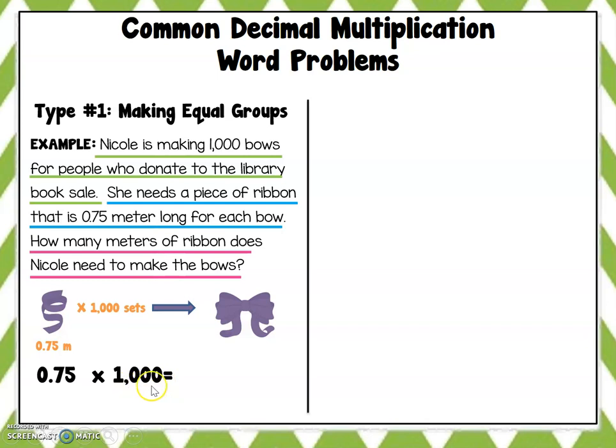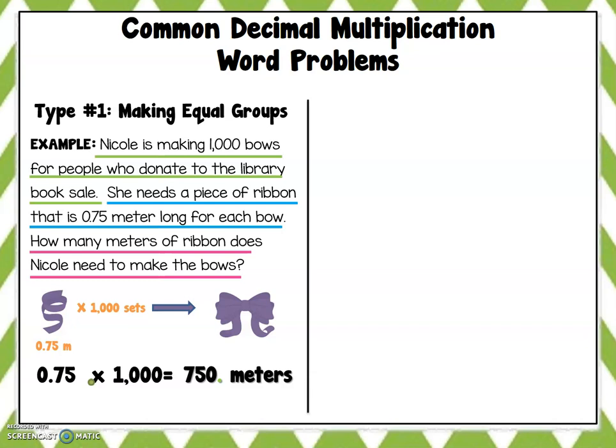In this case, since I'm multiplying by 1,000, I'll shift the decimal point 3 spaces. So I'll move it 1, 2, 3 times. That leaves me with an empty space that I need to fill a placeholder in. So that tells me that Nicole will need 750 meters of ribbon in order to make the bows.